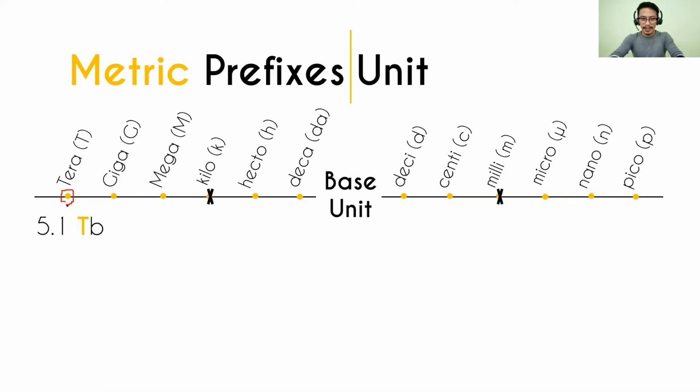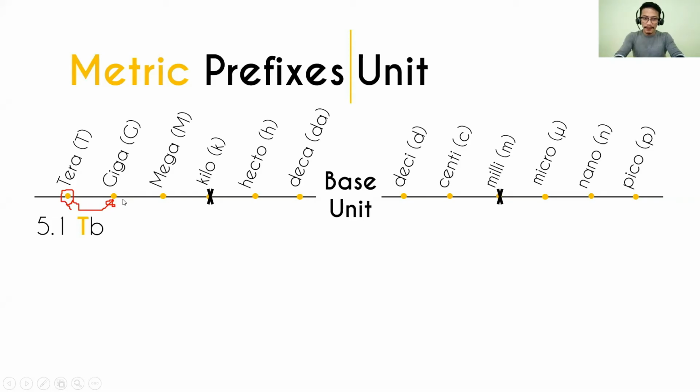Nandito si tera. Now what if we are going to convert tera to giga? Again, this is beyond the X mark. So that means how many decimal places are we going to move? Very good. We need 3 decimal places.